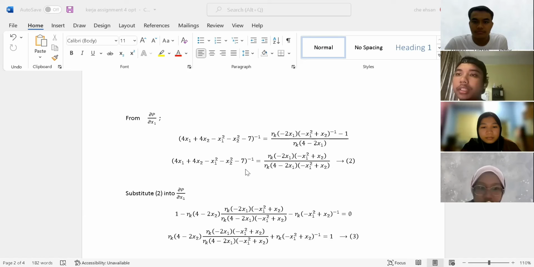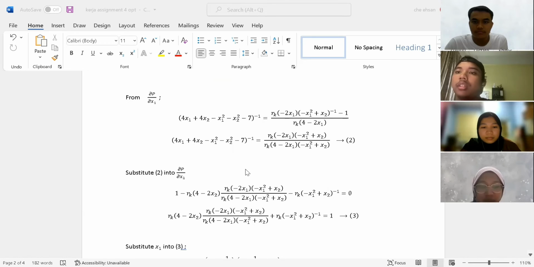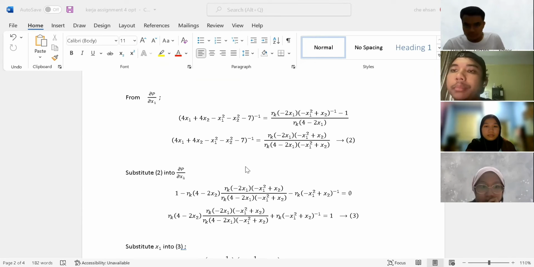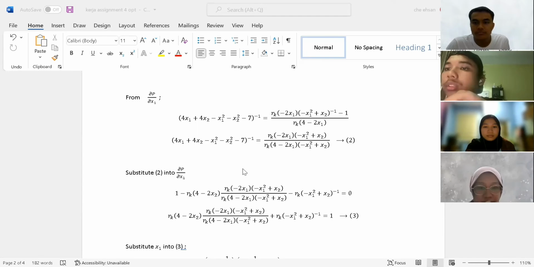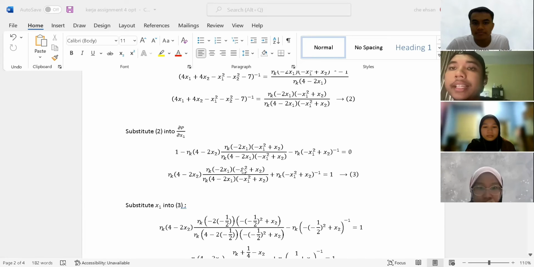We solve this equation and we got the second equation, which is (4x1 plus 4x2 minus x1 square minus x2 square minus 7) to the power of negative 1 equal to rk times negative 2x1 times (negative x1 square plus x2) over rk times (4 minus 2x1) times (negative x1 square plus x2). So this will be the second equation.